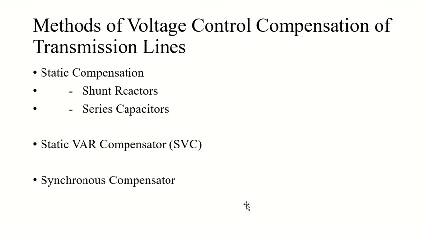Now coming to the methods of voltage control compensation of a transmission line. See, the equipment which we use mostly is rated for a certain voltage, right, with some permissible band of voltage variation, some plus or minus 5% most of the times, in case of modern components.